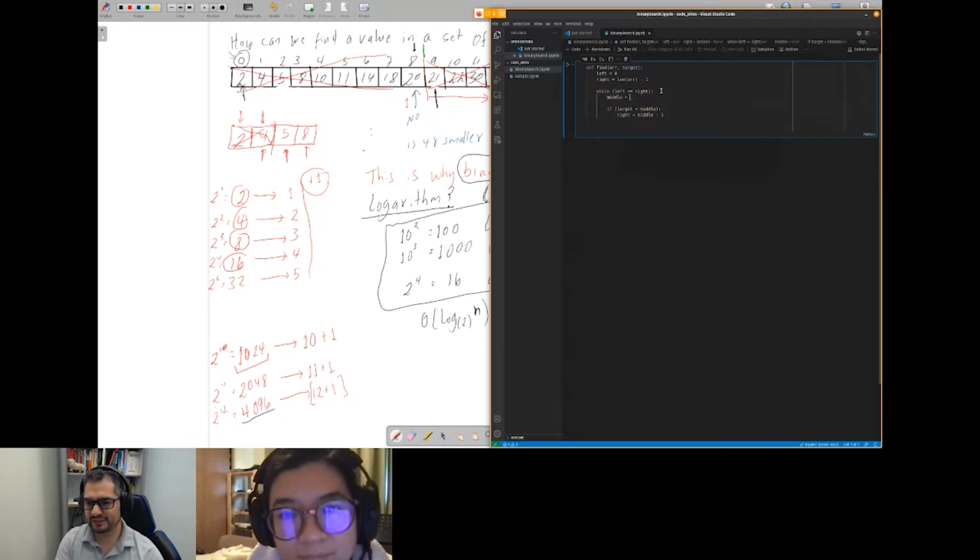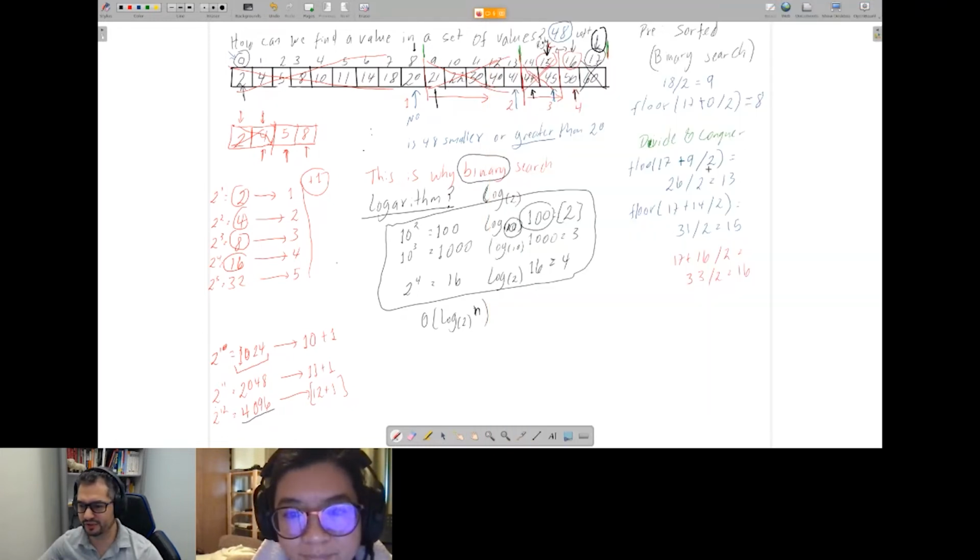So the middle, we said, is whatever the value of right is, plus the left, divided by 2. And this is an interesting thing in Python. Python 3 at least, the regular division does the normal floating point division, and the double slashes does an integer division. And an integer division gives you the floor.